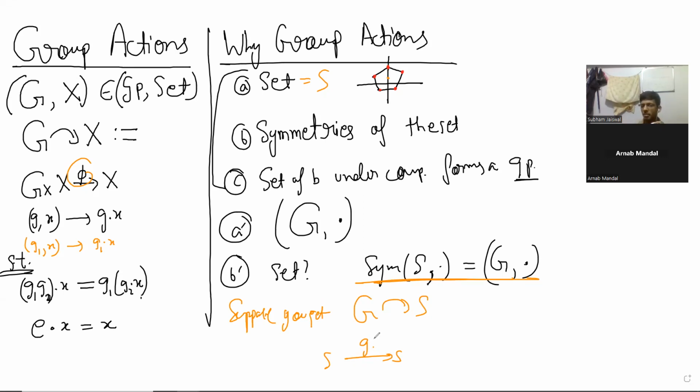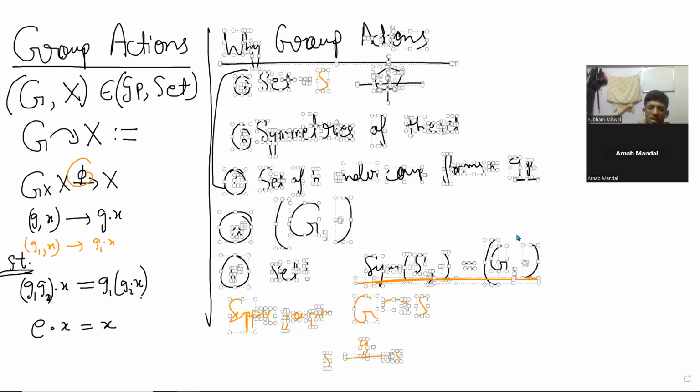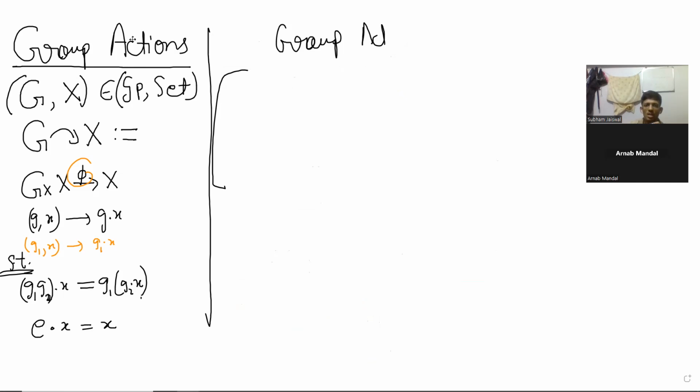But, okay, a very easy, rather intermediate type example of that is basically the isometries of the plane, right?